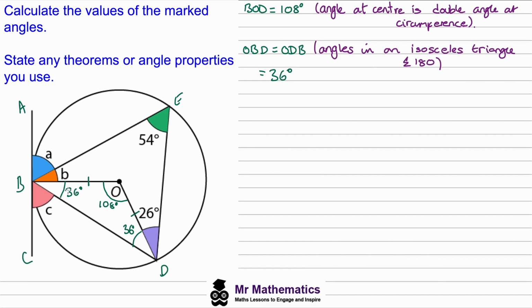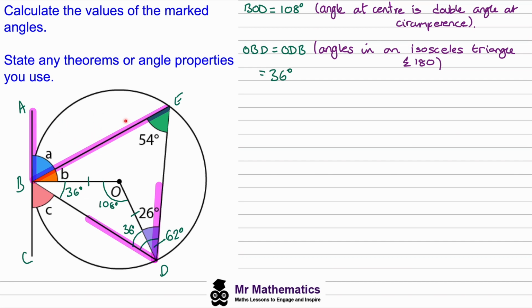Okay, so now we've got the angles in the triangle, we can use the fact that angle EDB, so this angle, is the sum of a 26 and a 36, which gives us 62 degrees. Now can you see that the 62 degrees here will be equal to the angle A by applying the alternate segment theorem.